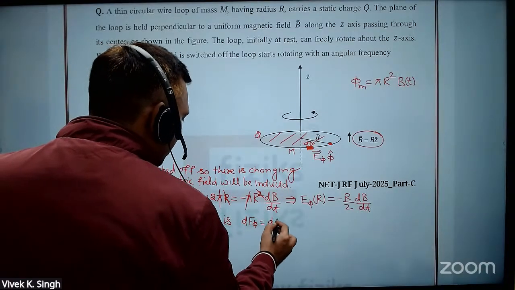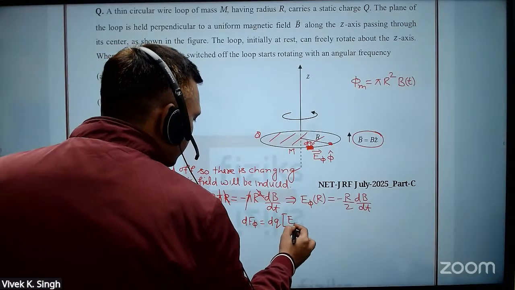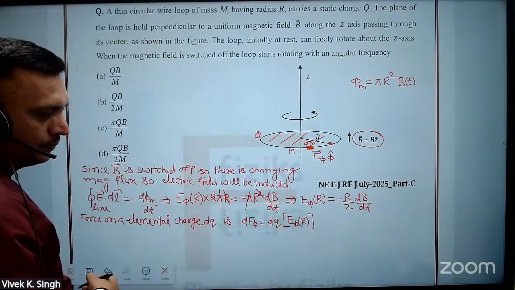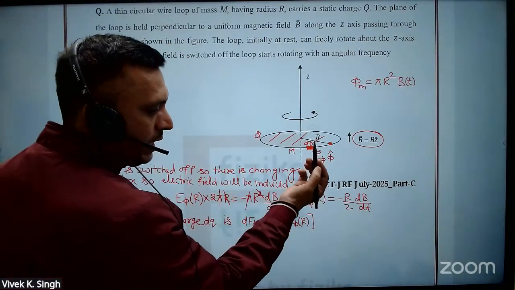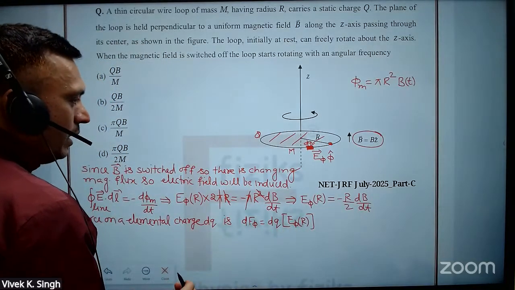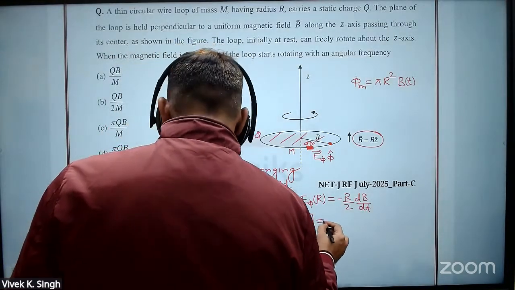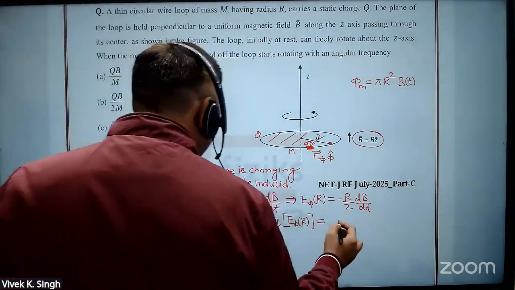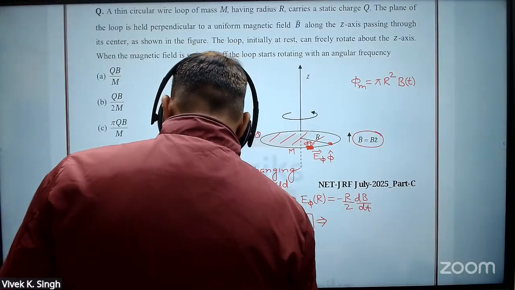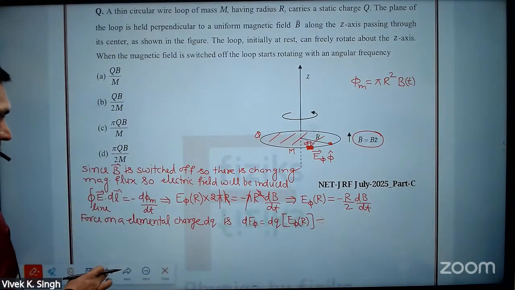So this is dq into E phi. This force will also be in that direction. Yes or no? And that you should calculate. What will be the total force? Or let us first calculate the torque experienced by it.